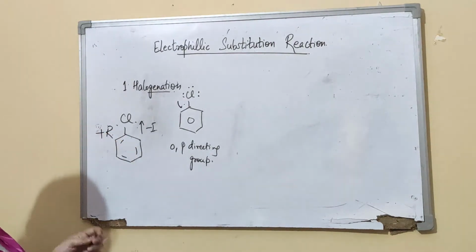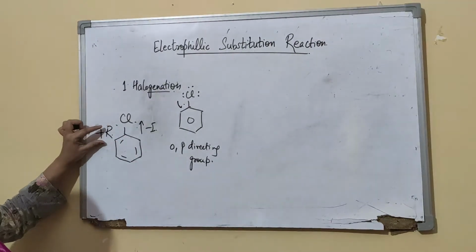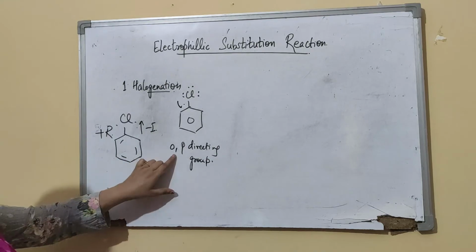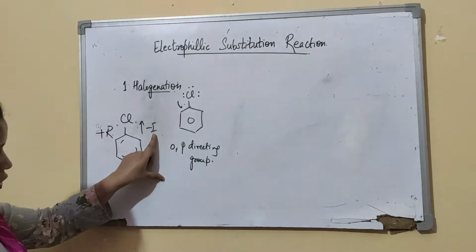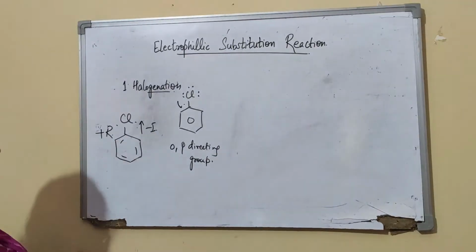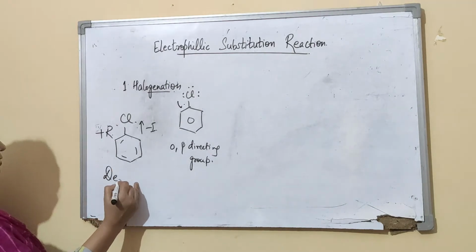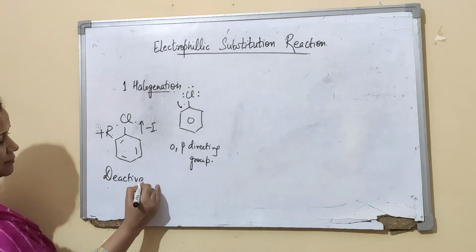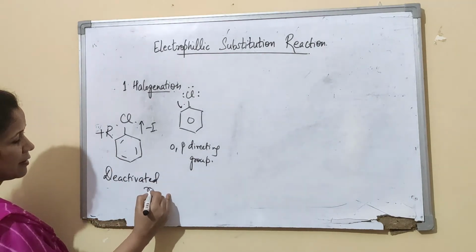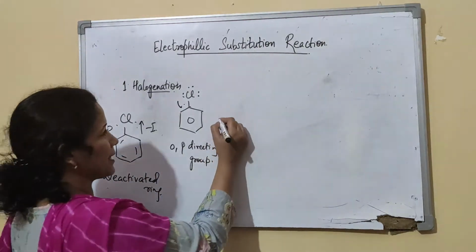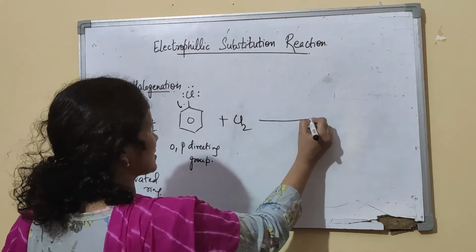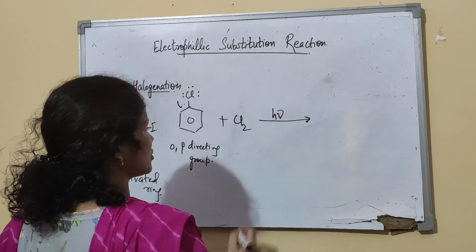So the net resultant is this: due to this plus R, it is ortho-para directing, but because of this minus I, it is deactivated. So it is a deactivated ring. So all the reactions that take place will be taking place under drastic conditions.